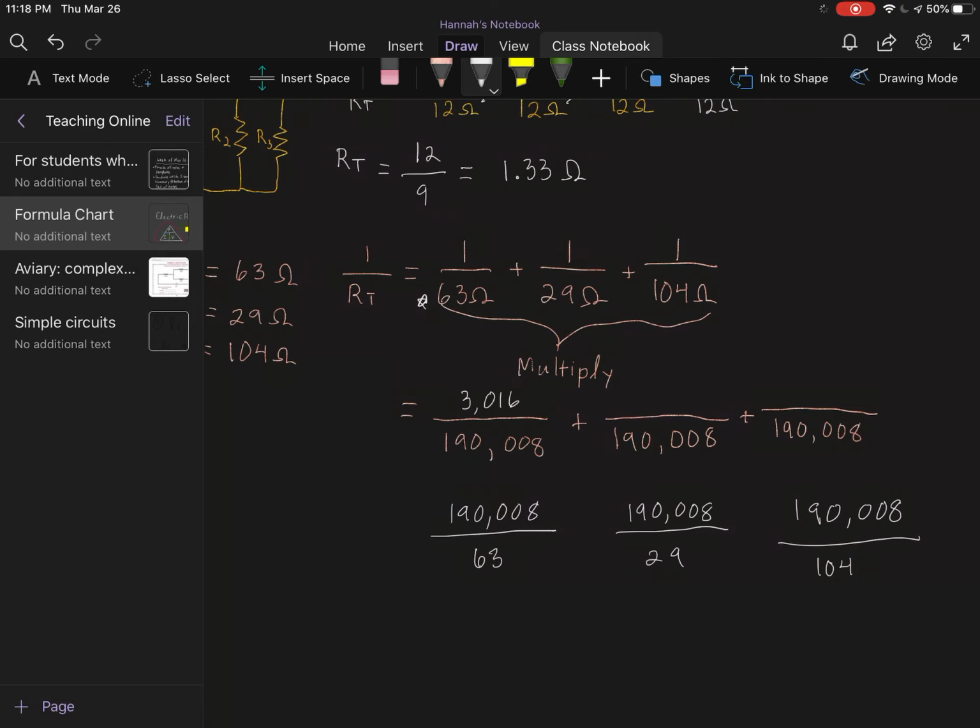So I take some time to use my calculator on my phone. Divide by 29, that gives me 6,552. And then my last one, 190,008 divided by 104.